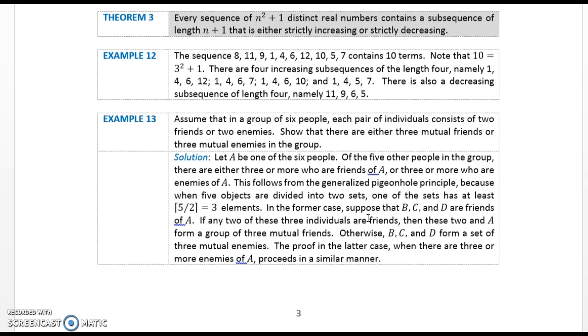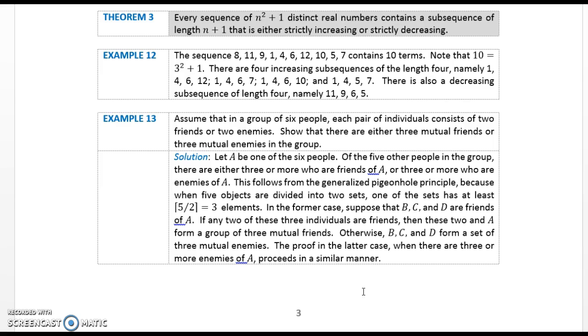Example 13. Assume that in a group of 6 people, each pair of individuals consists of 2 friends or 2 enemies. Show that there are either 3 mutual friends or 3 mutual enemies in the group. Solution. Let A be one of the 6 people.